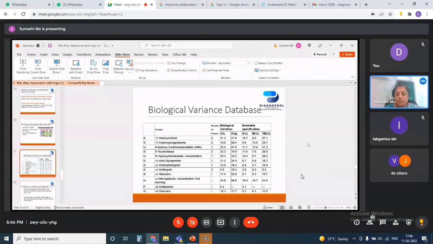This is what is given by the biological variance database. It is freely available to download from westgard.com. They have a large set of parameters included in this database. However, for some of the parameters we do not have the BVD guidelines.